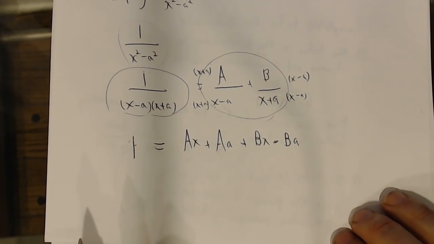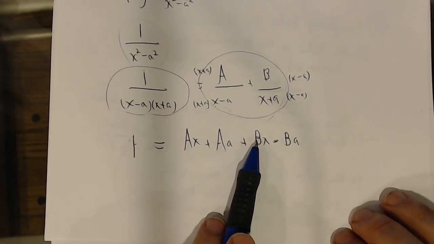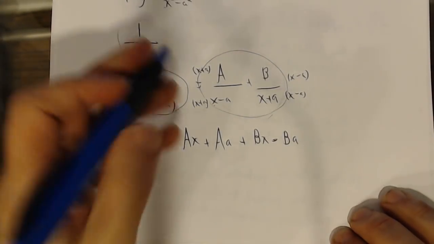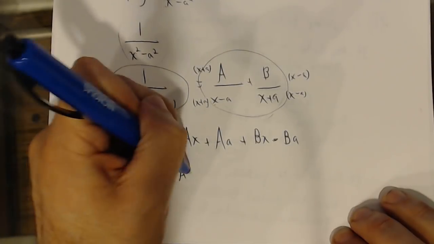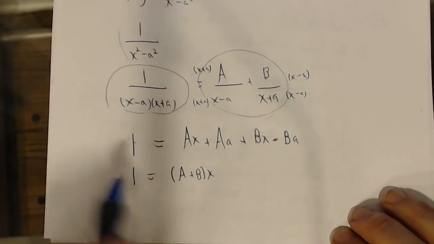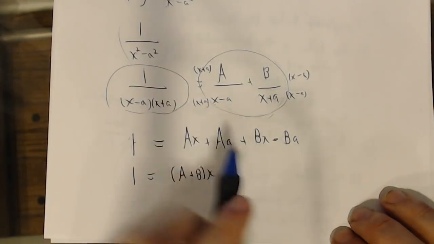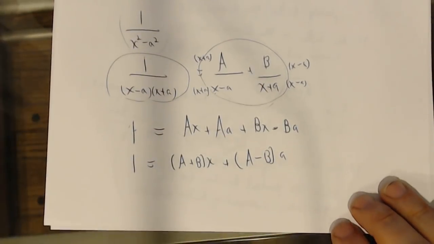Now we are going to group everything that has x's together. So 1 equals Ax plus Bx, and since they both have an x in common, I'm going to factor an x out, so it'll be (A plus B) times x. Then everything that has a lowercase a, I put together and factor out a, which leaves me with A minus B times a.